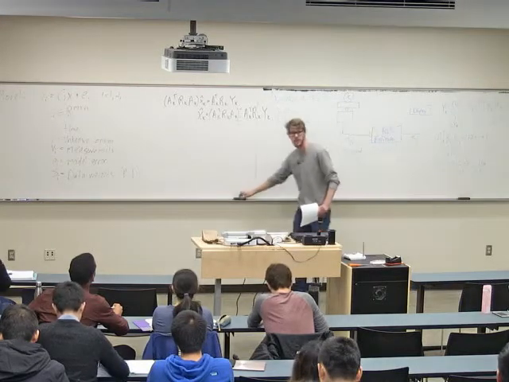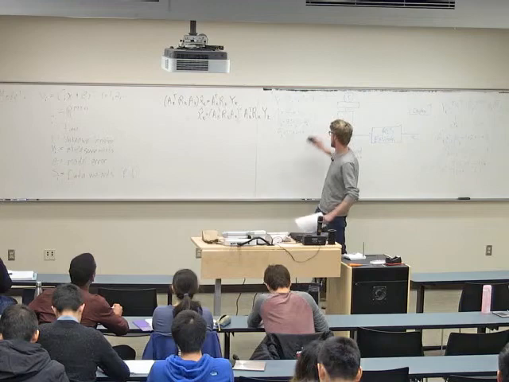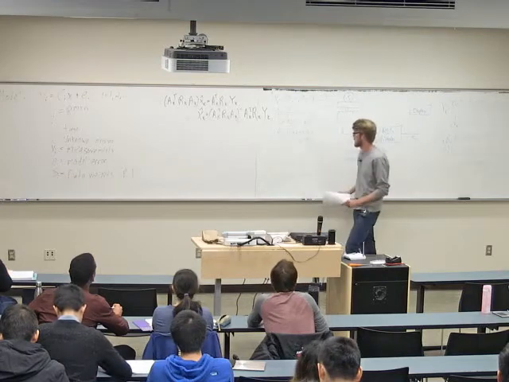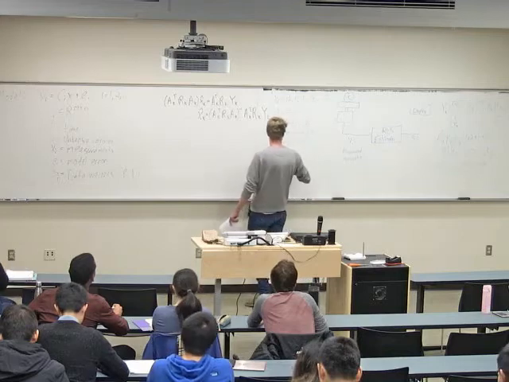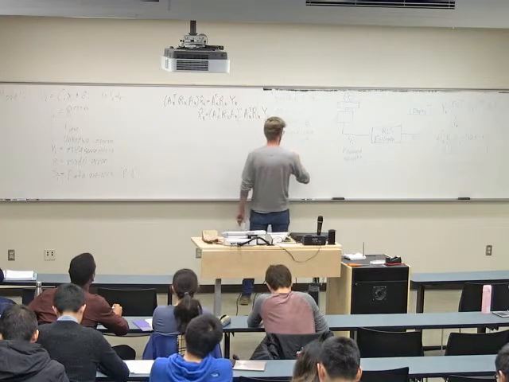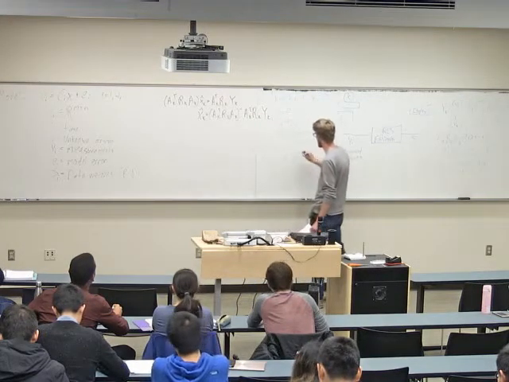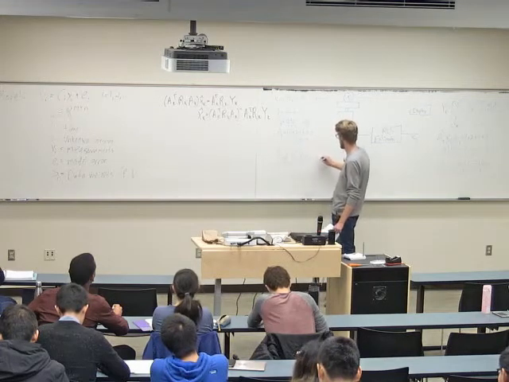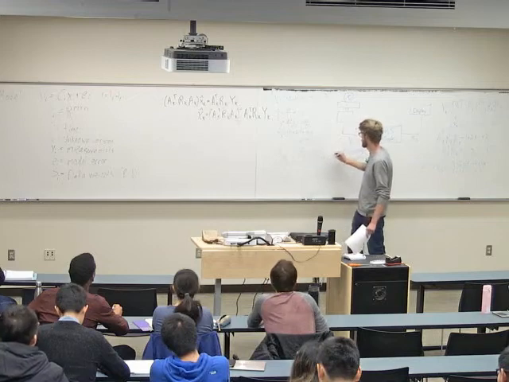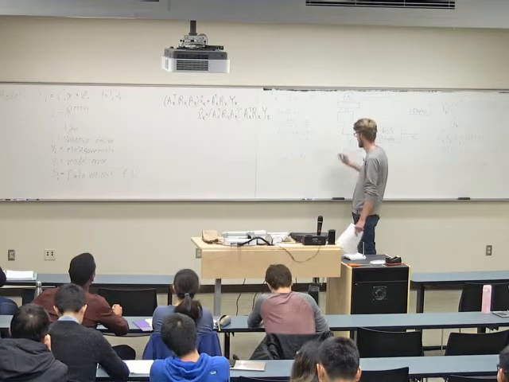So I'm going to actually pose a challenge to you all. And that's to come up with an expression for xk plus 1 hat as some function of xk, yk plus 1, and the number k.